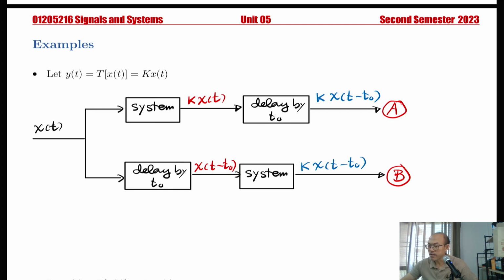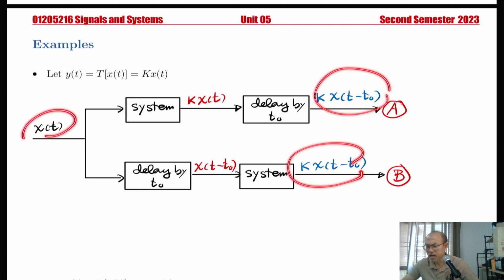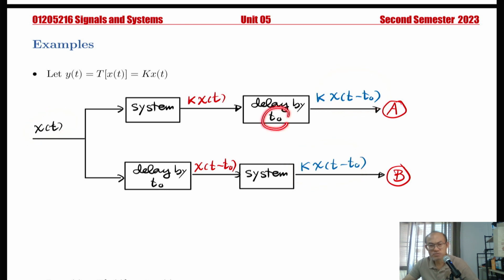And you see that these two paths give us the same signal, regardless of the input. I'm not specifying x to be anything, I'm just writing down x. I'm not specifying t0 to be anything, I'm just writing down t0. And yet, these two are the same.